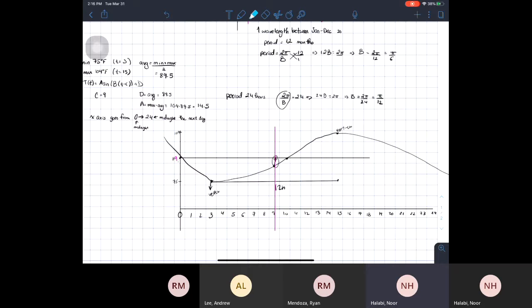This is not actually a 0. Actually, it's not even going to go through there. I don't know why I drew it like that.